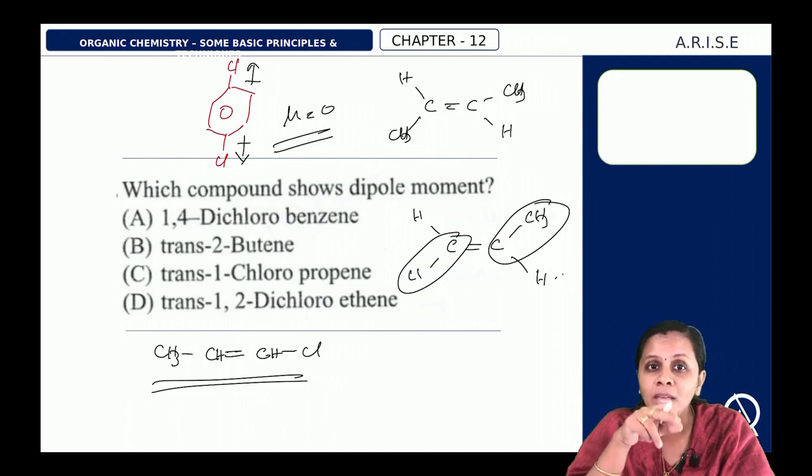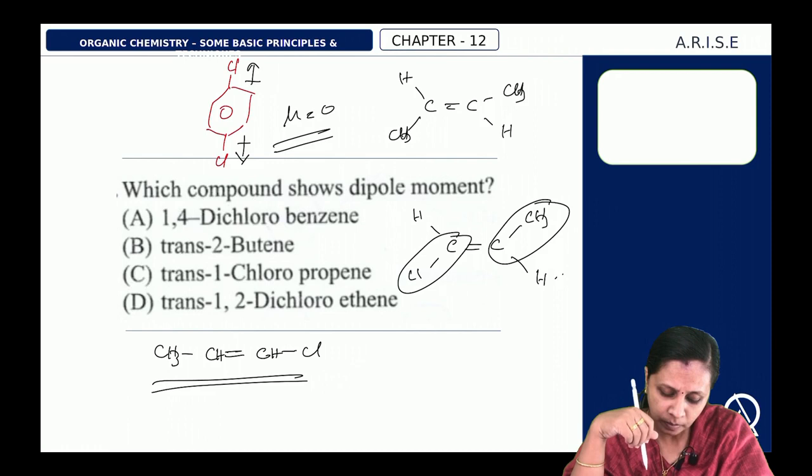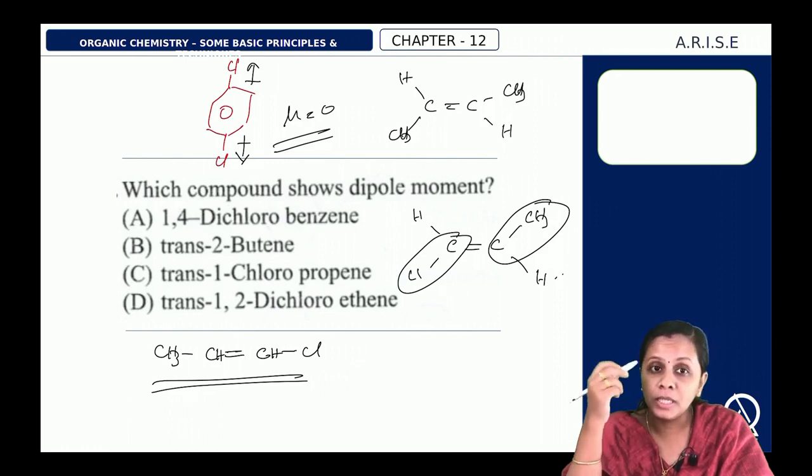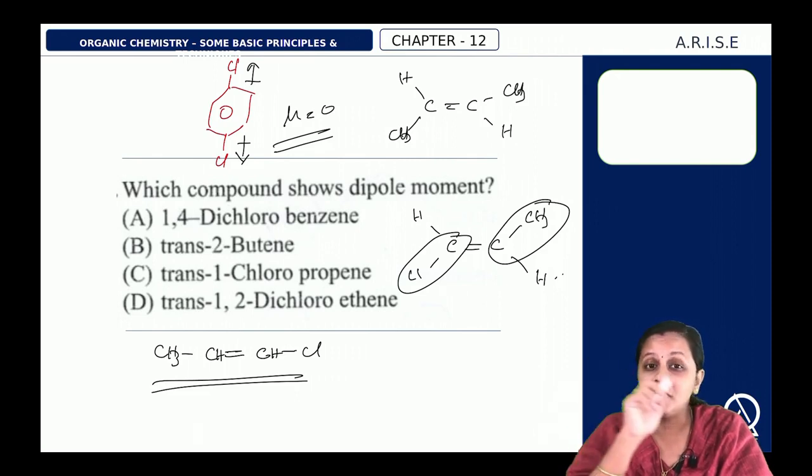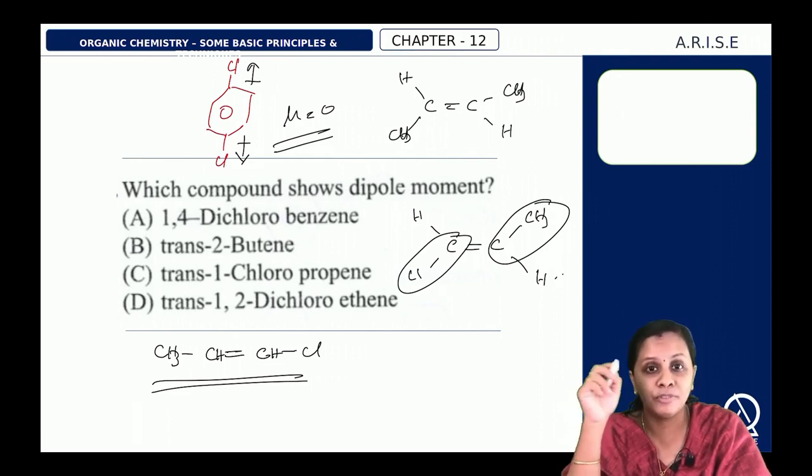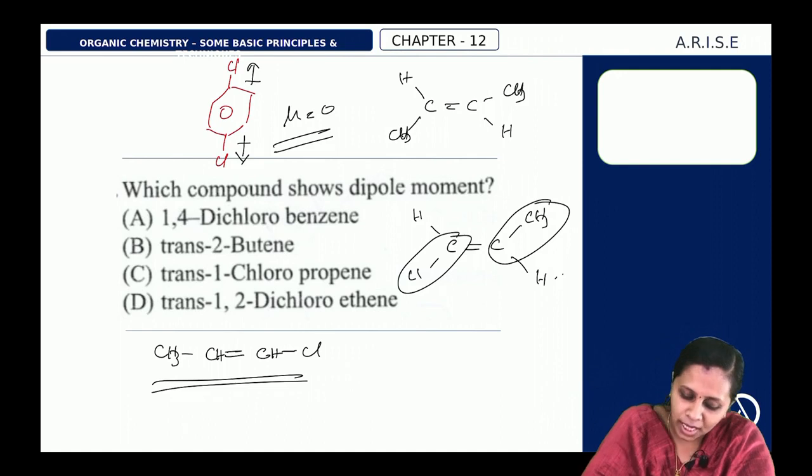That is why, since they are opposite to each other, they cancel out. But here in 1-chloropropene, the carbon-chlorine bond has a dipole moment, and the CCH3 bond also has a dipole moment. They partly cancel, but not completely, because both are different groups with different magnitudes of dipole moment. So which has a dipole moment? Trans 1-chloropropene.